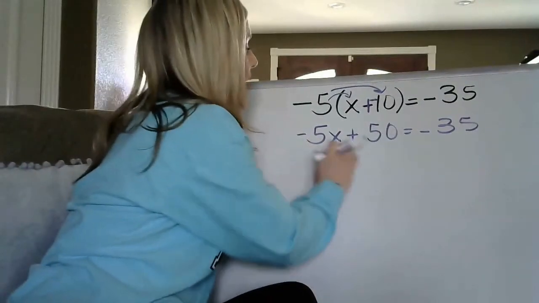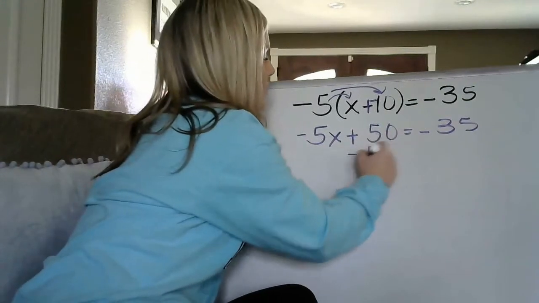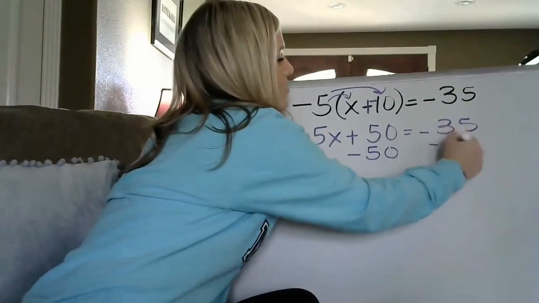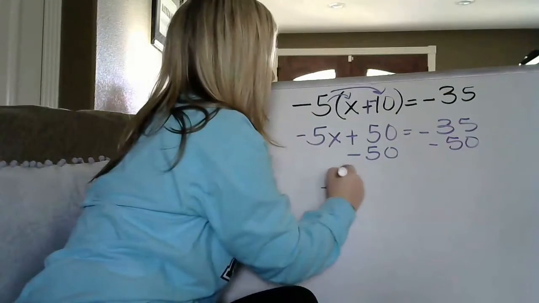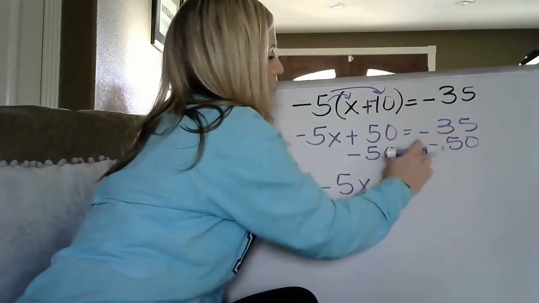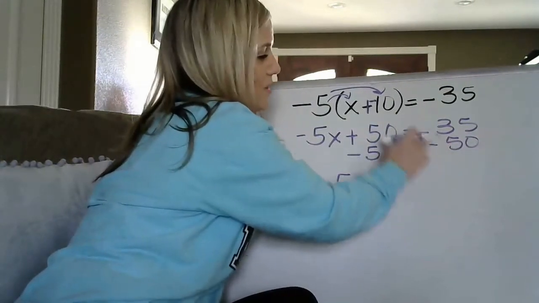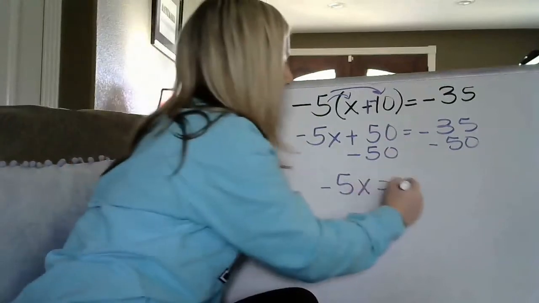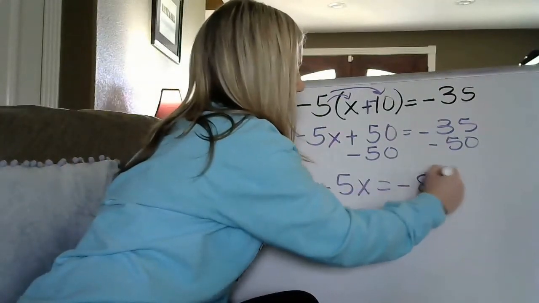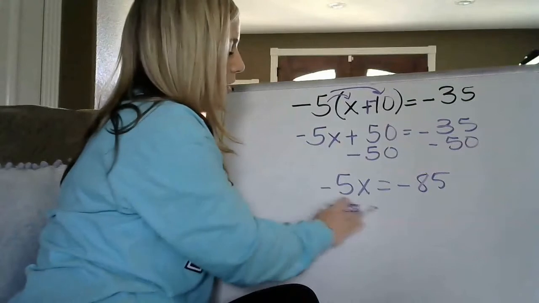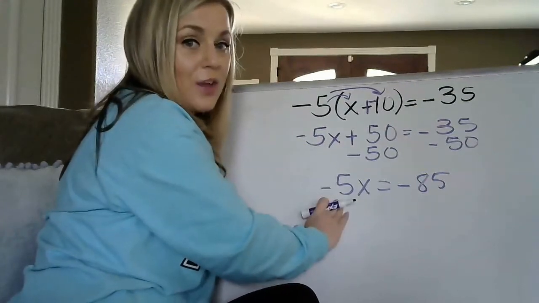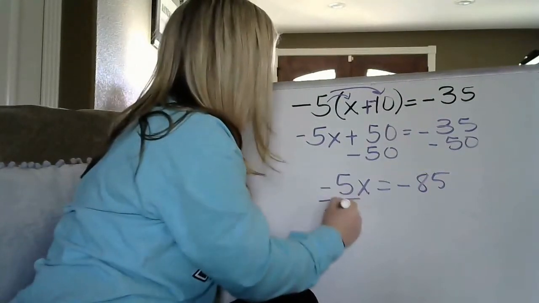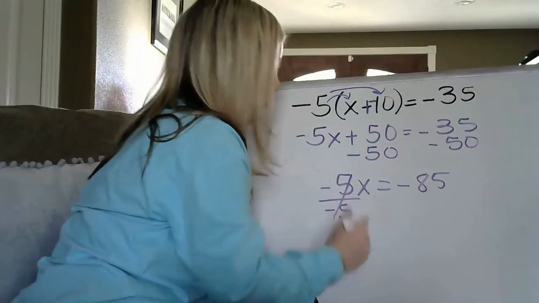All right, so now I've got to get rid of minus 50. So we have negative 5x is equal to, we're going to add these because they're two negatives, so it's negative 85, right? I've got to get rid of the negative 5 right here. The only way to get rid of it is to divide by negative 5, which makes it positive 1.